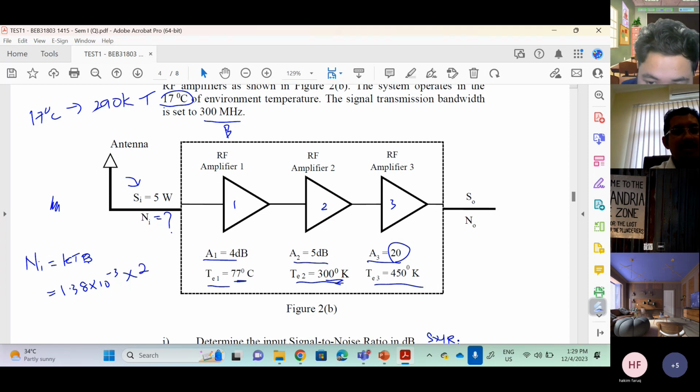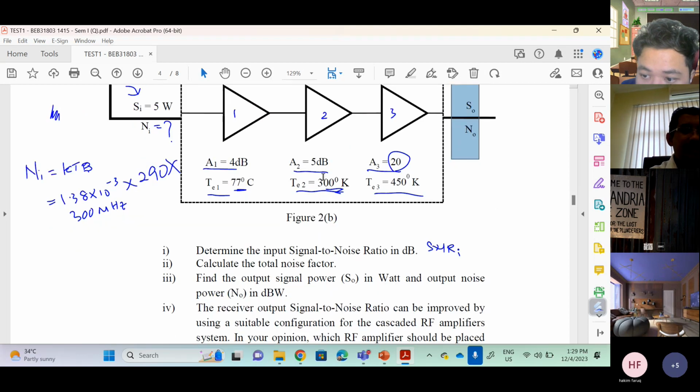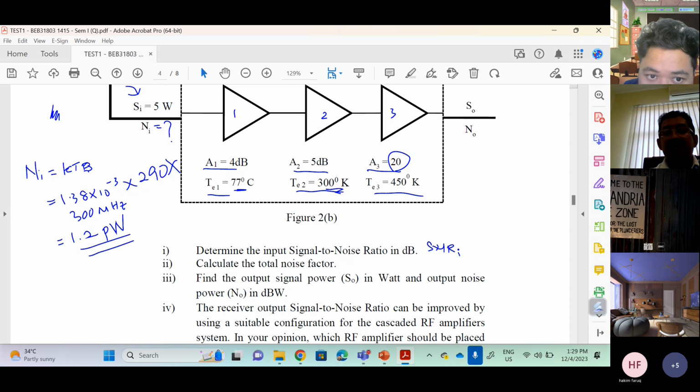So multiplied with 290 Kelvin, multiplied with the bandwidth, which is 300 megahertz. So I get about 1.2 picowatt. Pico is 10 to the power of negative 12. Try yourself, I got this.